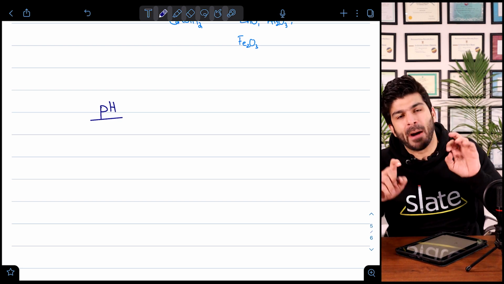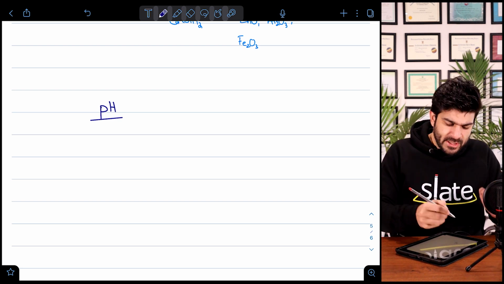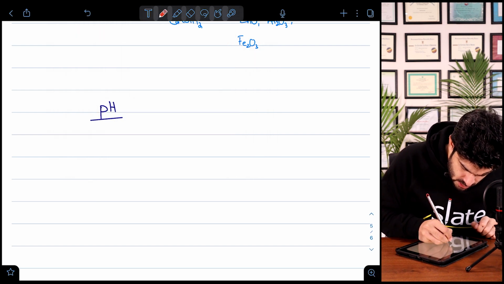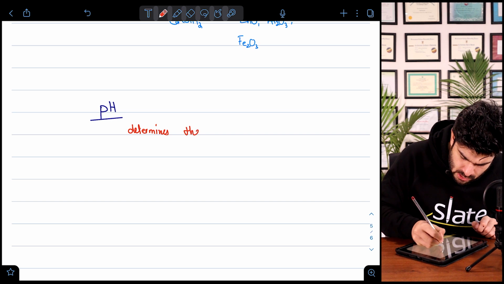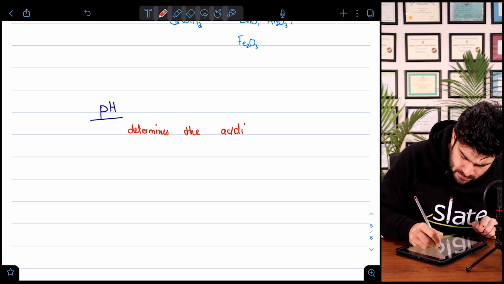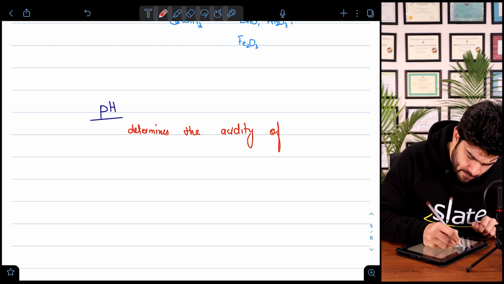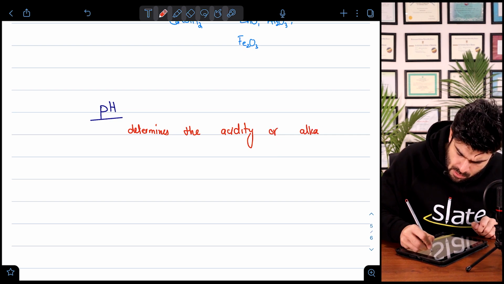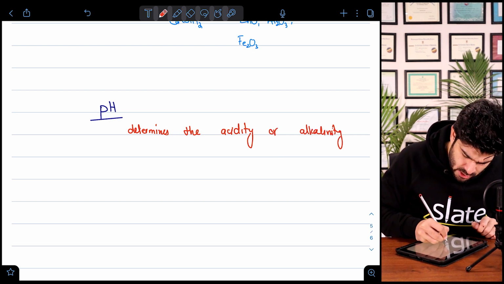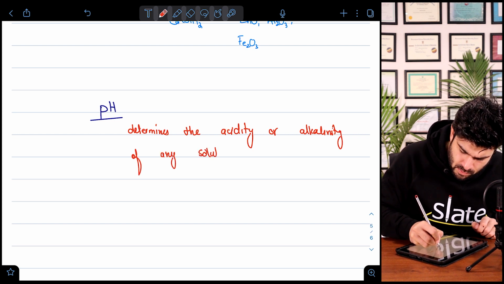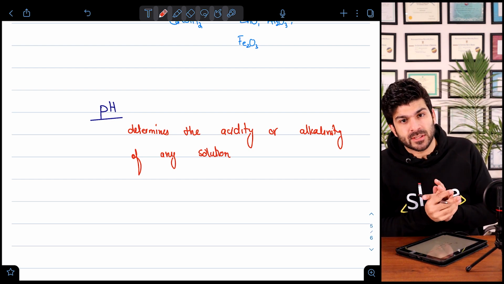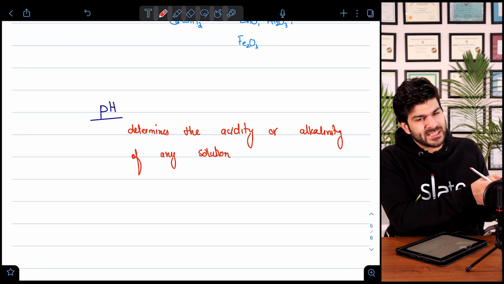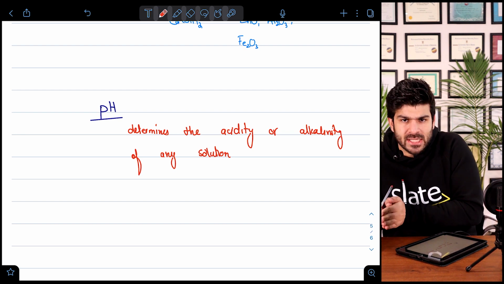Students, this is not the power of hydrogen. pH determines the acidity or alkalinity of any solution. So the pH that we have been discussing in the previous parts will tell us if a solution is acidic or alkaline or basic.